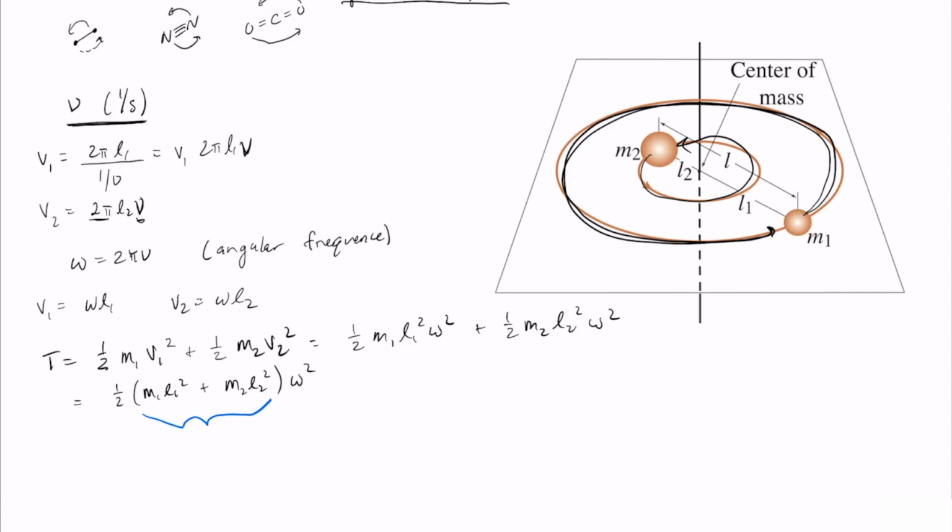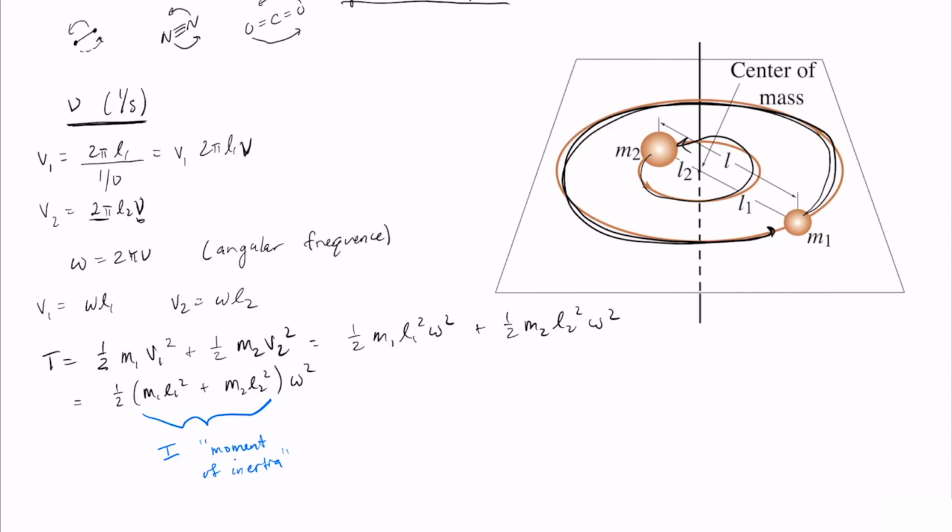So this term here, which is the m1 L1 squared plus m2 L2 squared, this we're going to call I, which is the moment of inertia. And we'll talk in a second about what that means.